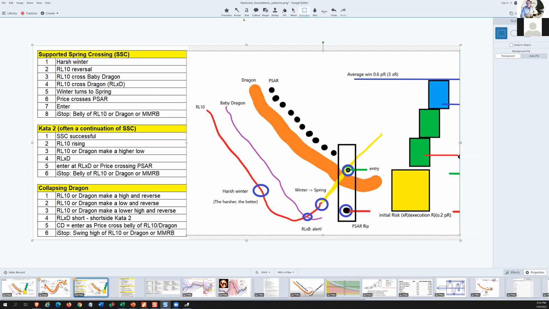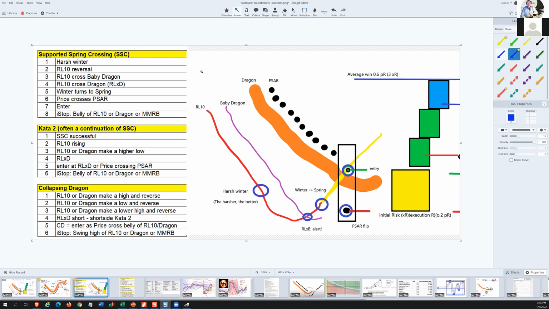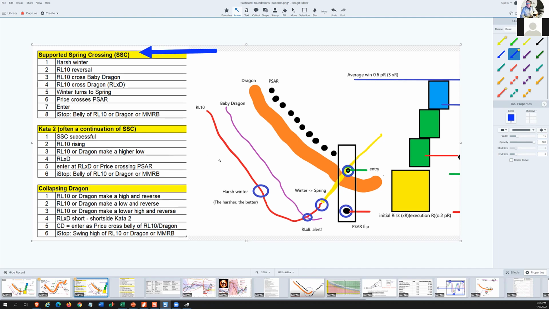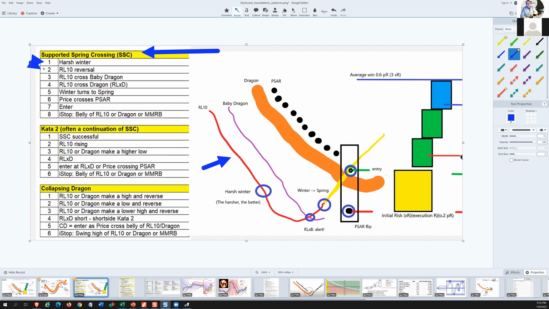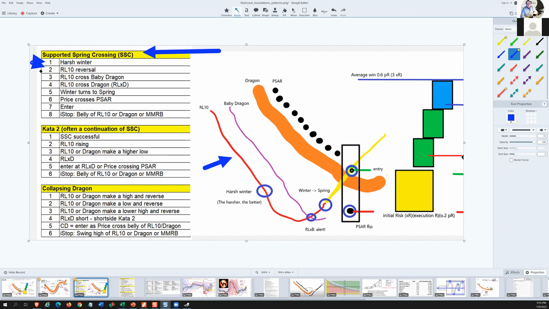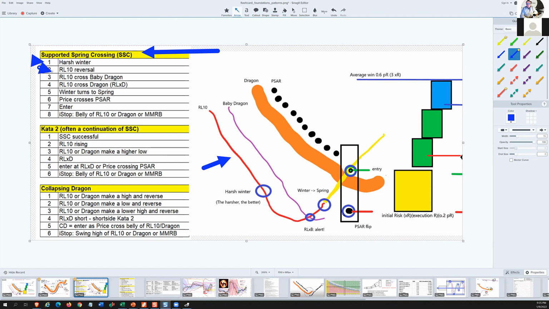Again, so if I put those 2 together, at the risk of being really redundant, when I'm looking at the supported spring crossing, I'm looking for number 1, harsh winter. Then the RL10 reversal, crossing the baby dragon.